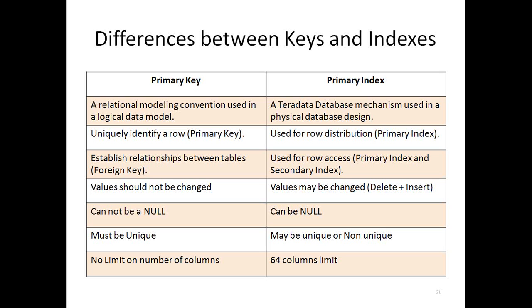A primary index is a Teradata database mechanism used in physical database design. In Teradata, primary keys would exist in the logical data model, but generally we don't physically implement these primary keys on the tables because it is a data warehouse.